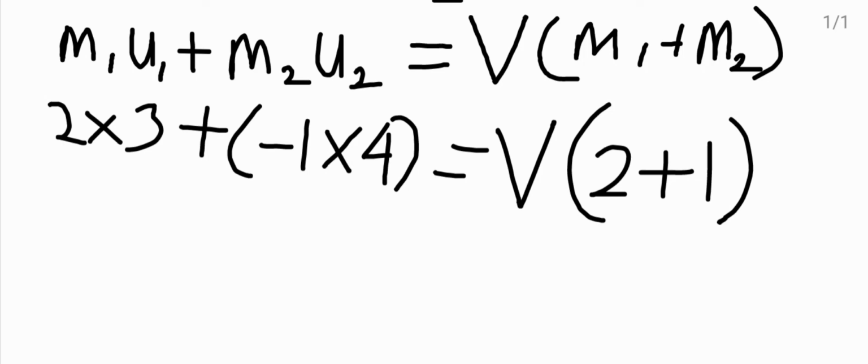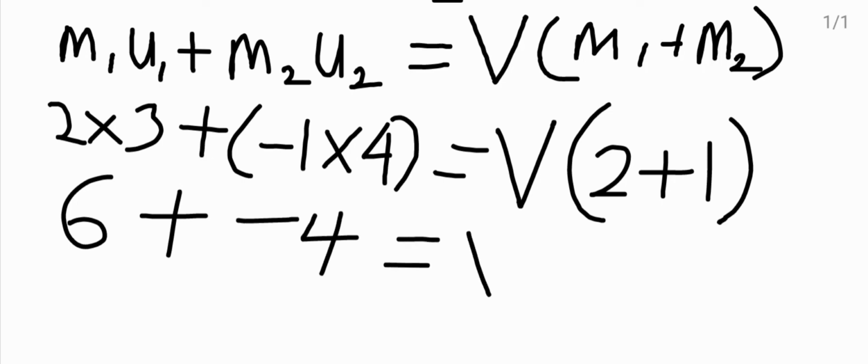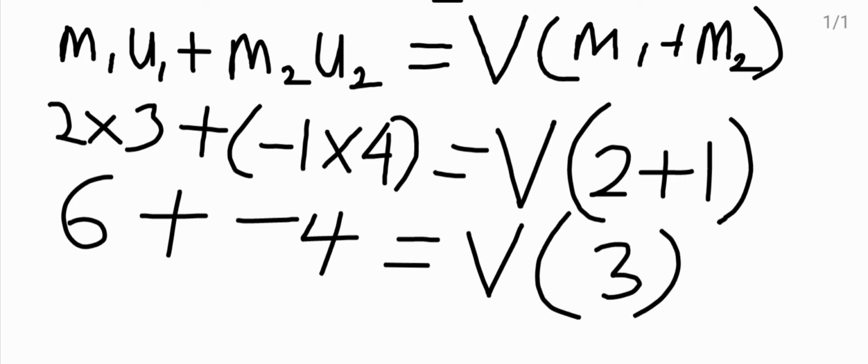So 2 times 3 is 6, plus minus 1 times 4 is minus 4, is equal to v, open bracket, 2 plus 1 is 3. So 6 plus minus 4. Whenever you see that plus and minus come together, that gives you minus. So 6 minus 4 is 2, equals v times 3, which is 3v.